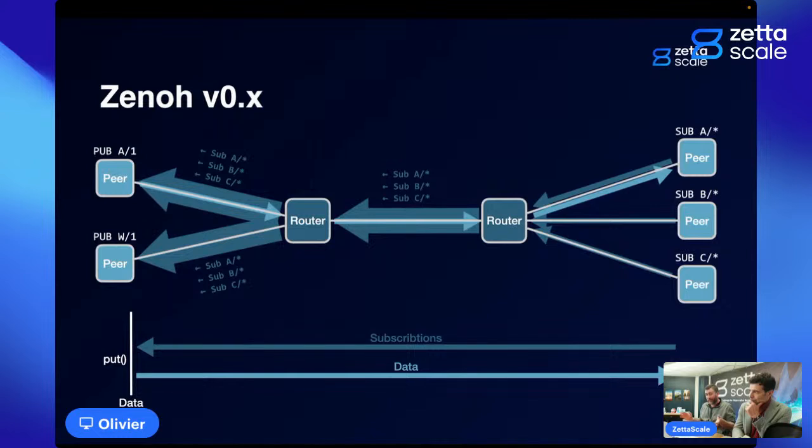But overall, if in the system you have different subscriptions and different key expressions, all those key expressions are propagated everywhere in the system. This is probably, in most cases, better than doing broadcasting, but the downside is that the publisher has a lot of state to maintain because it has to know all the subscriptions of the system.